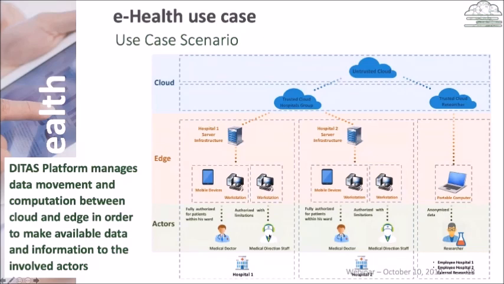This data can be transferred to a hospital cloud, where this data can be stored for a long period. And then we have also added a research institution where we can have researchers that are employees of these hospitals, but also can be considered external researchers to this institution.